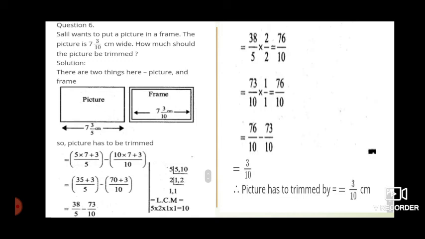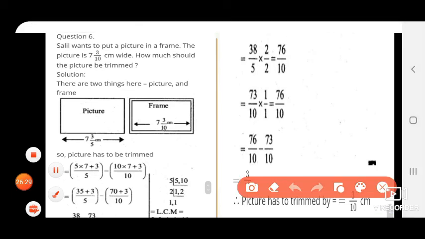To fit into a frame, the picture cannot be more than 7 3 by 10 centimeters wide. So how much should the picture be trimmed? What they are asking is, the picture is 7 3 by 5, this much it is, but they are saying it should be only 7 3 by 10.